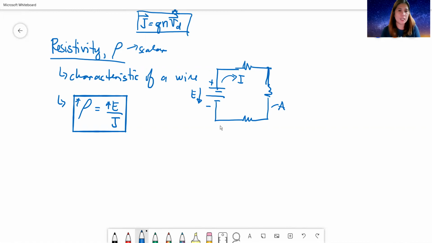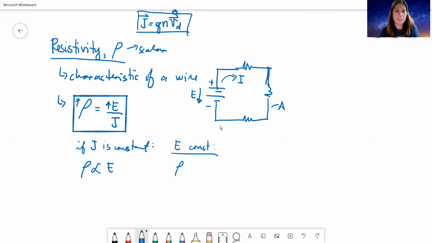If the current density were constant, then resistivity is directly proportional to the strength of the electric field. If we keep the electric field constant, then resistivity is inversely proportional to current density. Higher resistivity means less current density, and less current density means less current per area.